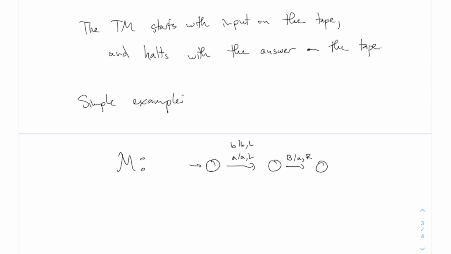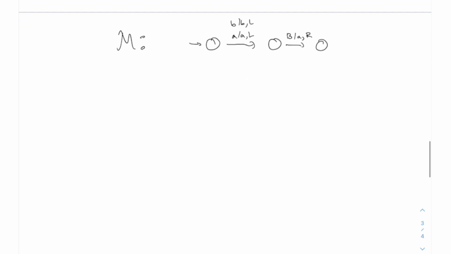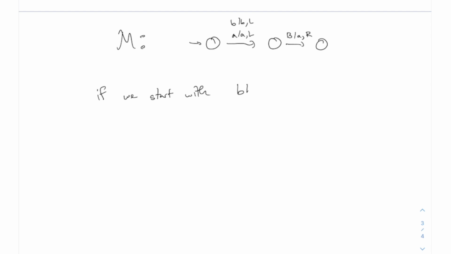It starts with a particular string, and it ends with something. Can anyone describe, like in words, what happens when you start with a particular string on the tape? What does it end up looking like? Like, we could do a specific example. If we start with, let's say, BBA, can anyone say what the tape will say after it does its thing and eventually stops?